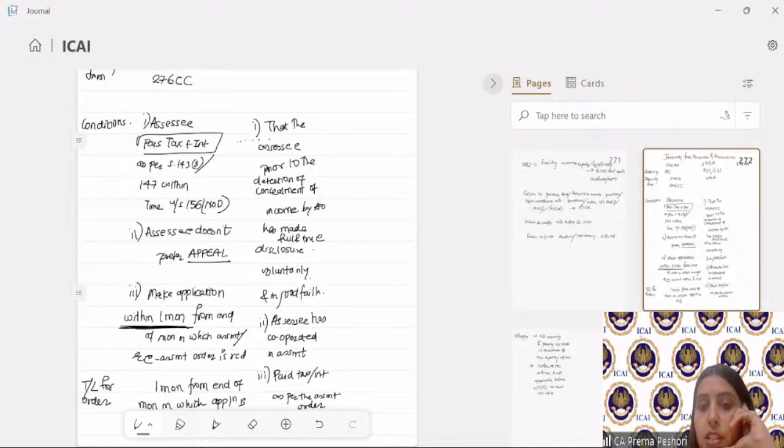And if it is a penalty under 270A for underreporting, then if the amount of income exceeds rupees 5 lakh, the approval of the Chief Commissioner or Principal Director General or Director General needs to be obtained.